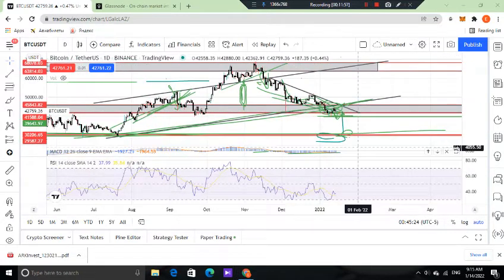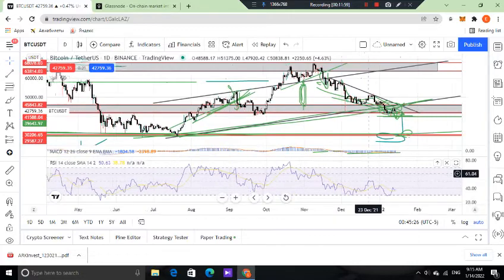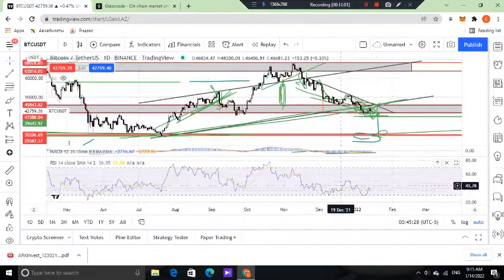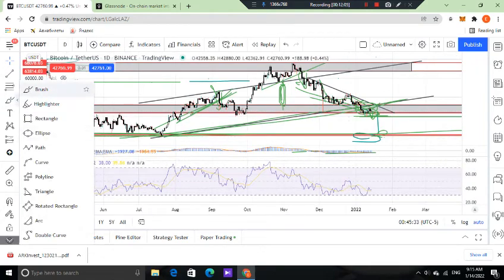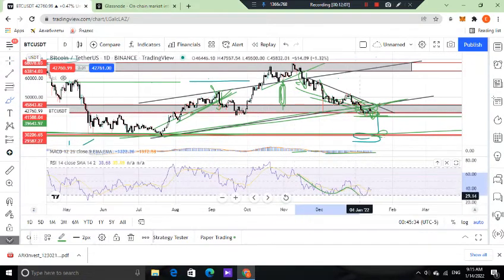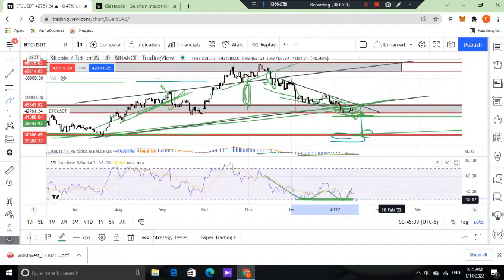And in RSI, we have this kind of a double bottom here, but we are not in extreme areas, and it's not in oversold area.